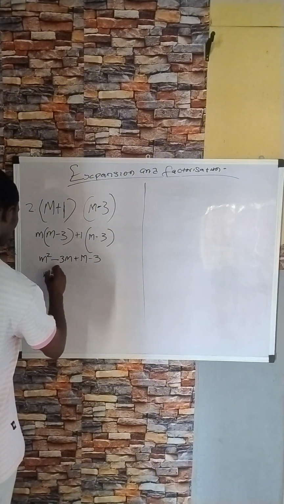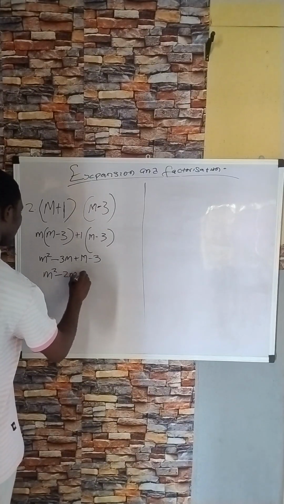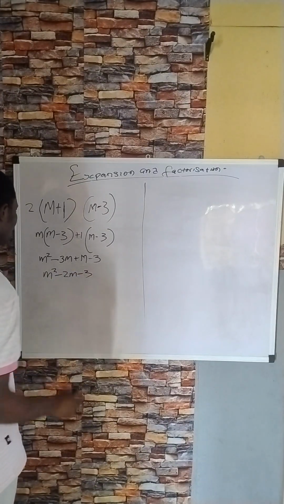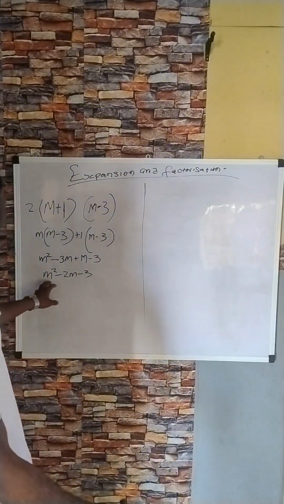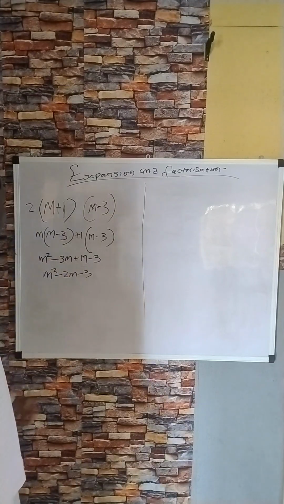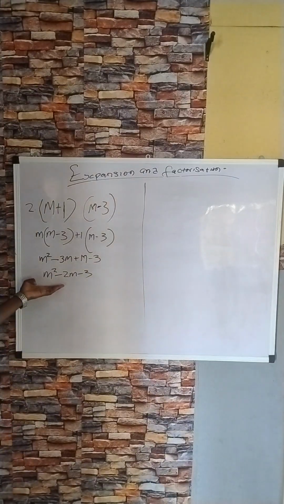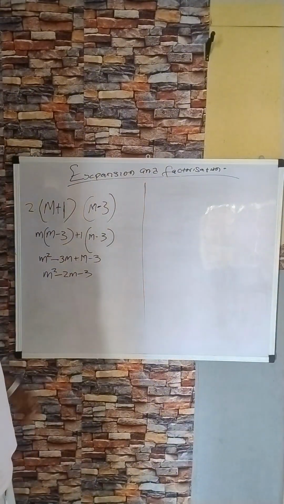So m squared minus 2m minus 3. This will be our simplest answer for this. So now let's use this answer that we have gotten here and bring it over here and factorize it back to this.